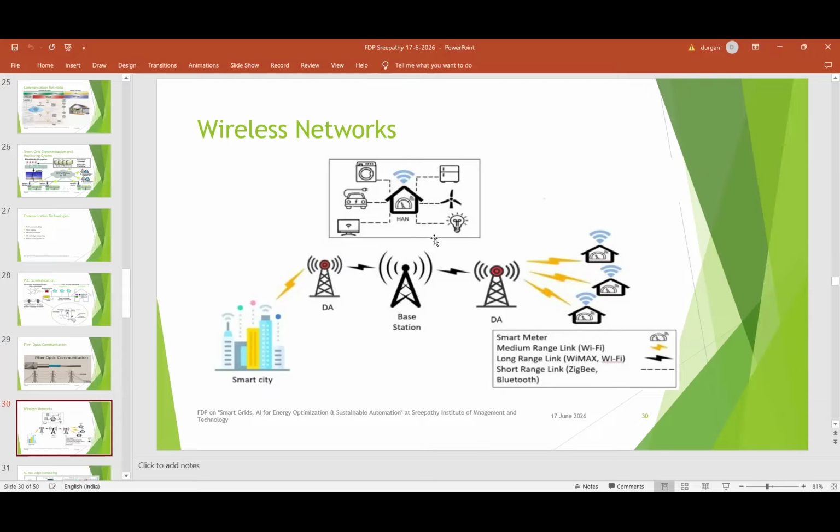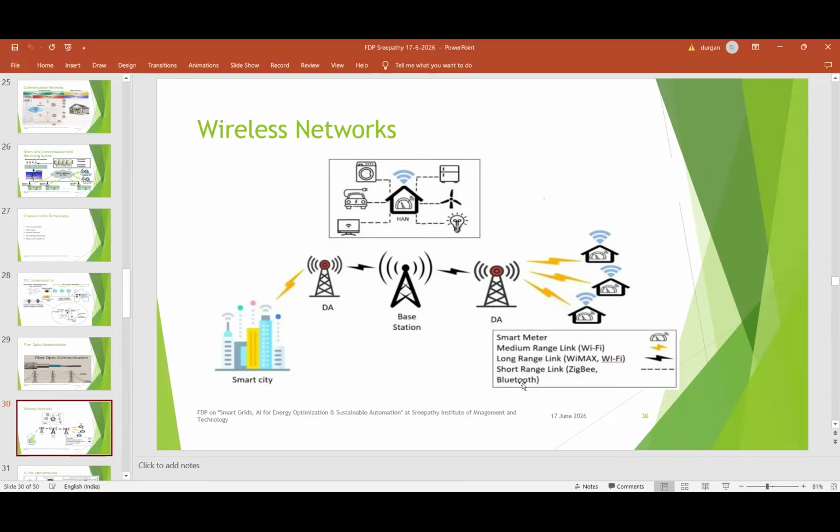Here it is shown that there are 3 levels of ranges: medium, long range, and short range. For medium range communication, Wi-Fi is used. For long range, WiMAX as well as Wi-Fi are used. Then Zigbee or Bluetooth is for the short range link.